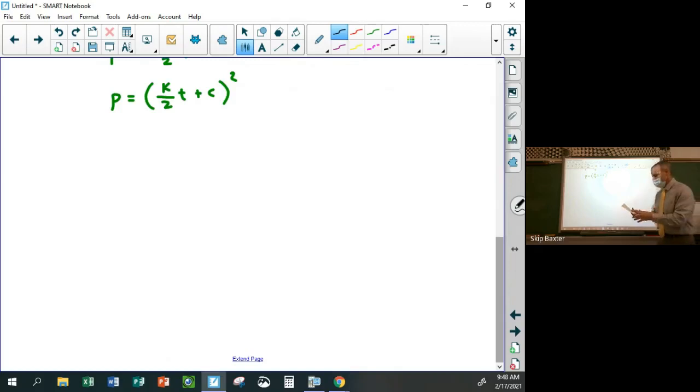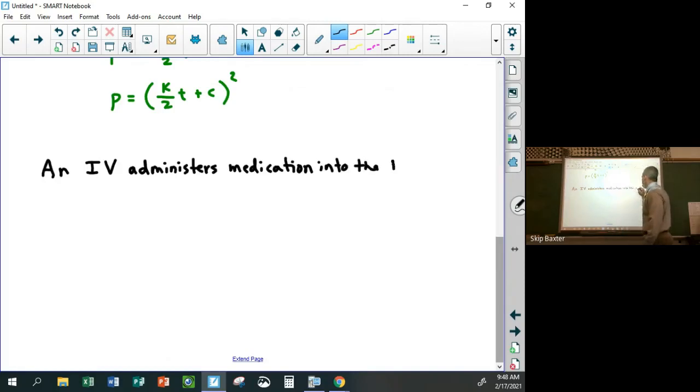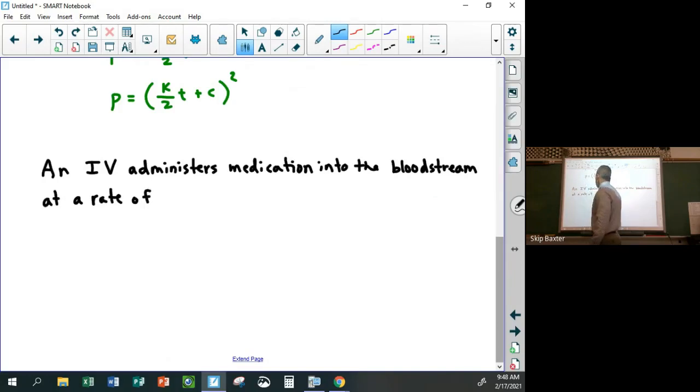So what if you have something like this? What if you have an IV that administers medication into the bloodstream at a rate of 3 cubic centimeters per hour.